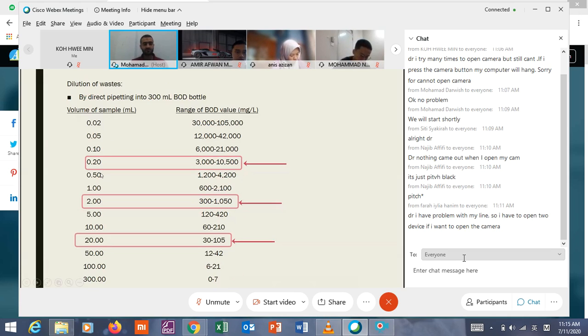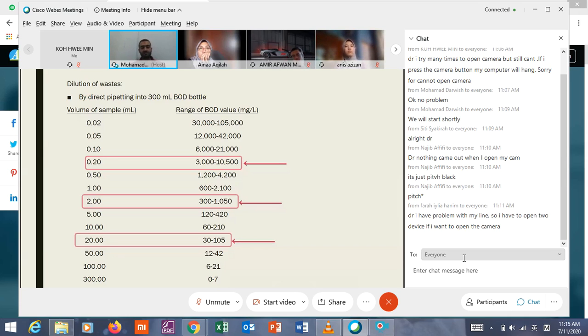The range of BOD value was from 50,000 to 10,500, and with dilution you see how the BOD value range is reduced. Which one is easier to get into? Of course, the diluted one. The diluted concentration is easier and gives a more accurate reading in the lab.